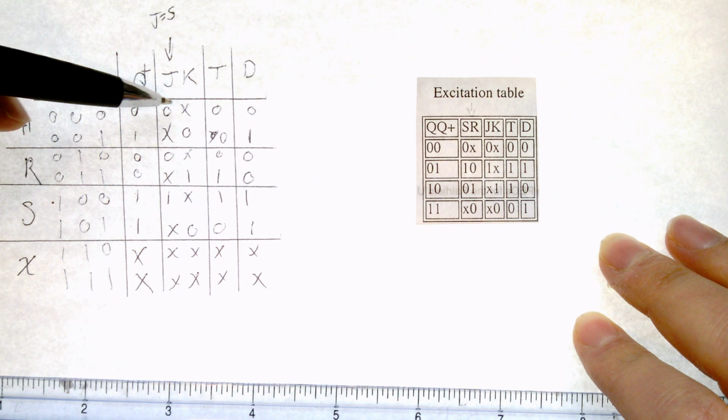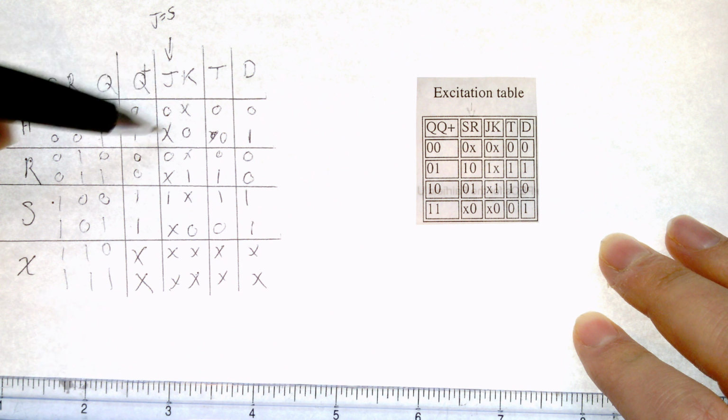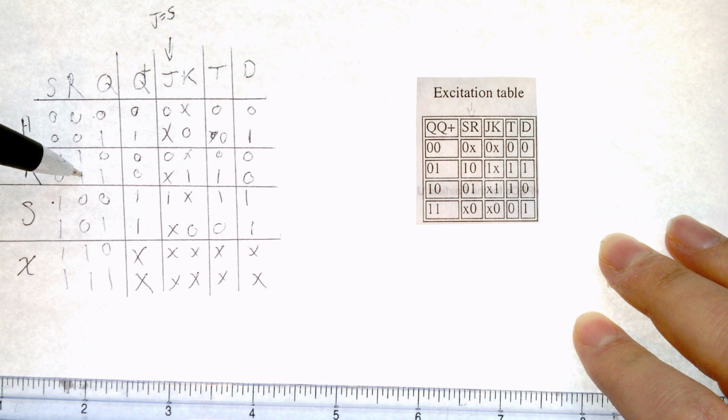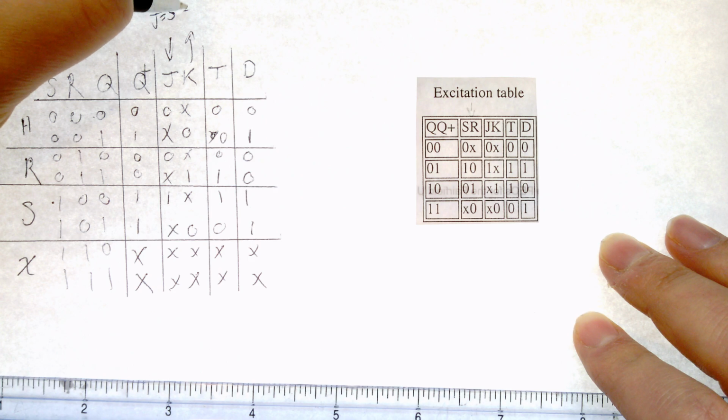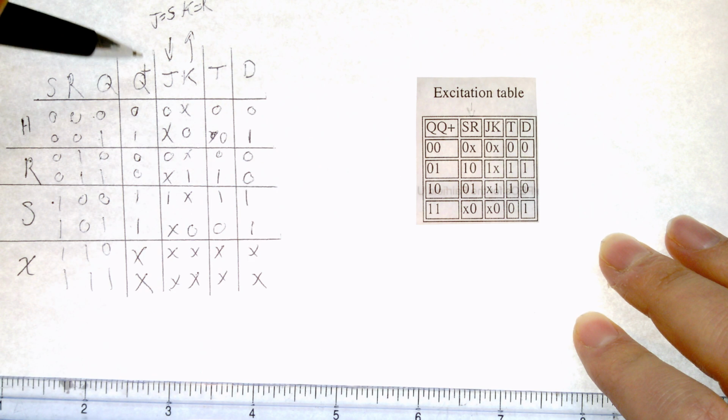And then if I compare K to the rows in here, could K be equal to reset? Indeed it is. So K equals R. So to turn a JK flip-flop into an SR flip-flop, you just set J and K equal to S and R.